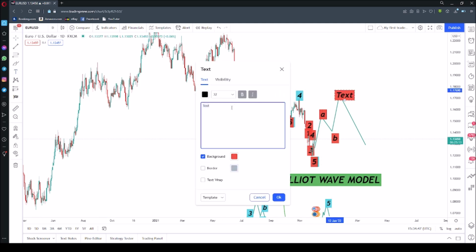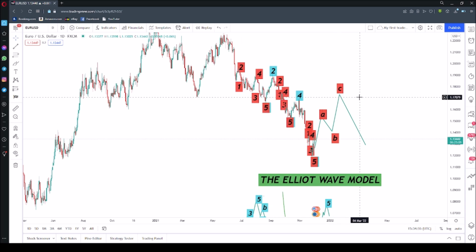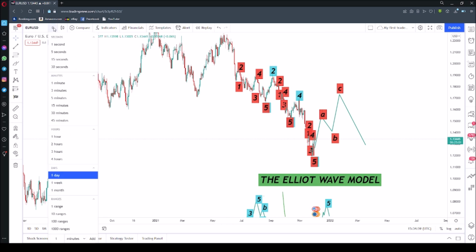So what does this tell us on the smaller time frame, or where will we use this information? So this information is going to apply in the case that right now, if we go on the H1 time frame, we are in an upward trend creating an A wave. Then after that upward trend, we are definitely going to create a B wave, and lastly we have a C wave.